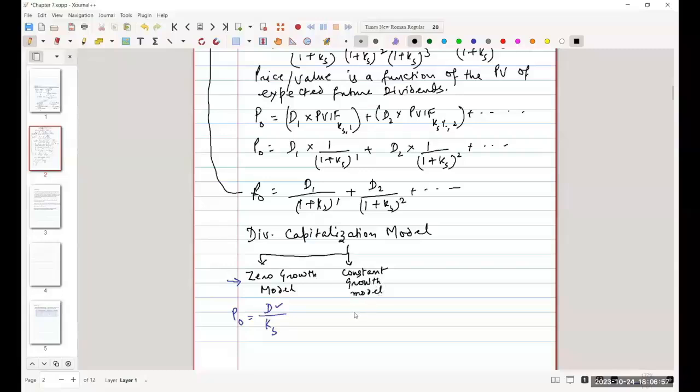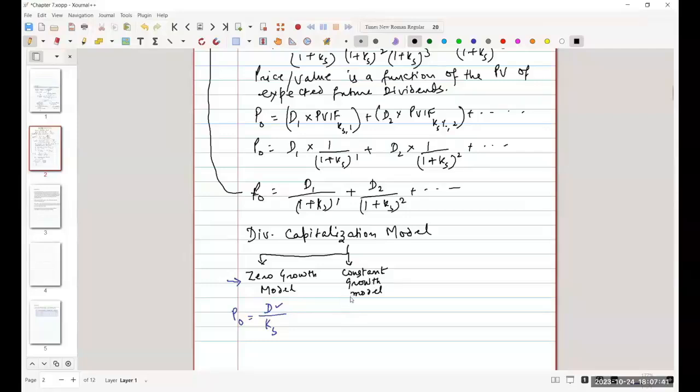If we spend some time maybe at another time, we can do a little bit of mathematical juggling and find that something growing at a constant growth will start to look like a geometric series, a geometric progression. And since the dividends are going to be a countless number of items because the company goes on and on, it is simply going to become an infinite geometric series.